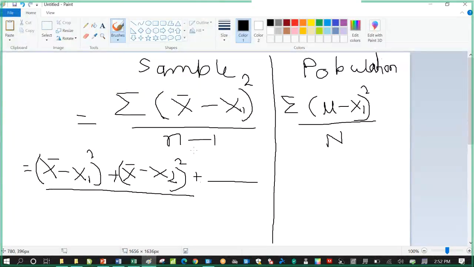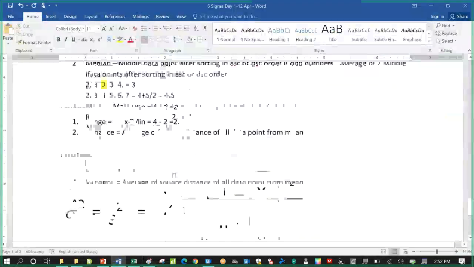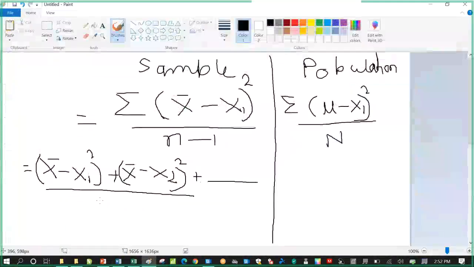N means number of data points. So let's say in our example there are 5 data points. How many are there? 1, 2, 3, 4, 5 data points. So it will be 5 minus 1.